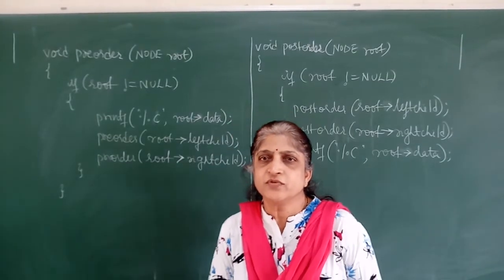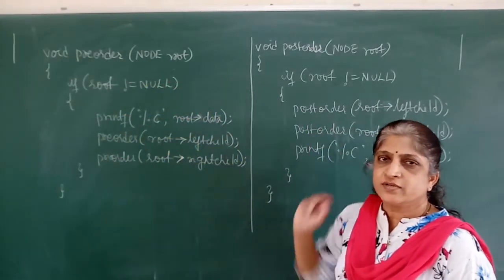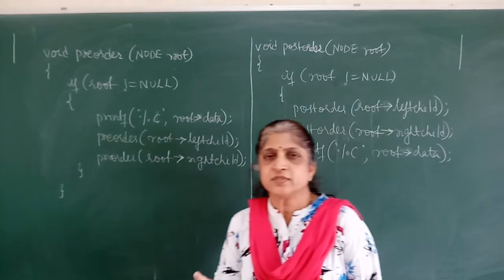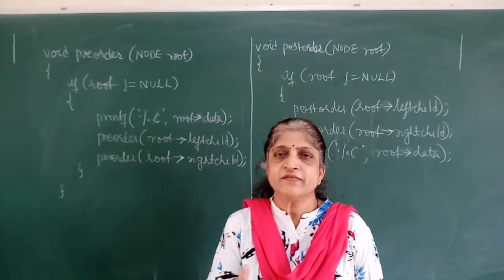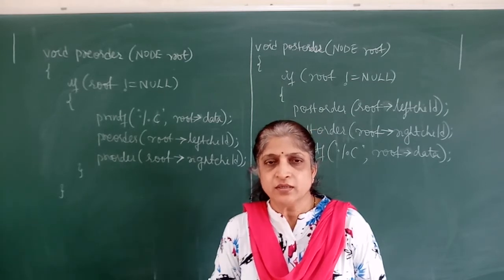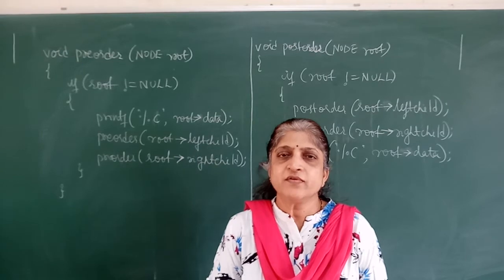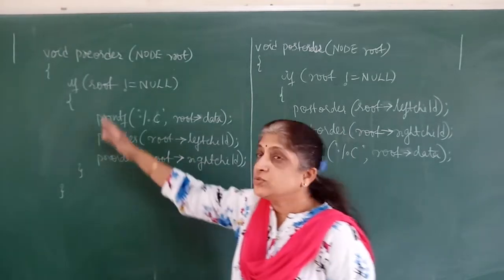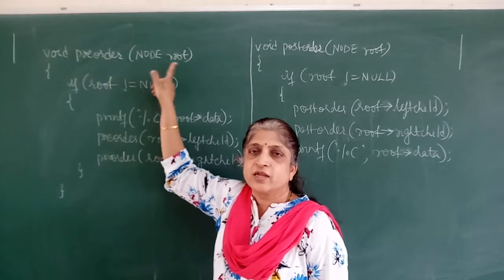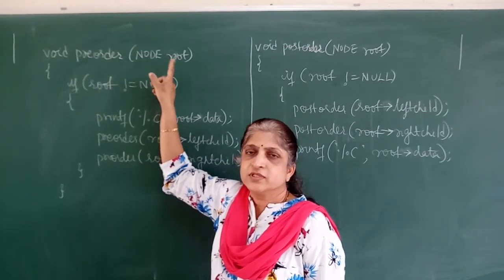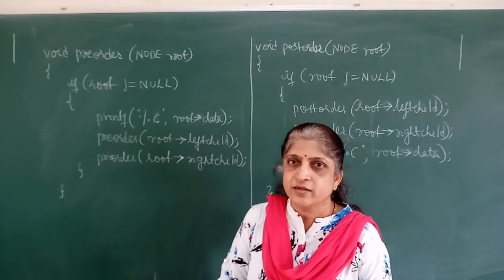Here I have the function for pre-order traversal and post-order traversal. In pre-order traversal, first we visit the root, then traverse the left subtree in pre-order, then traverse the right subtree in pre-order. The pre-order function takes one argument, the root of that particular binary tree.